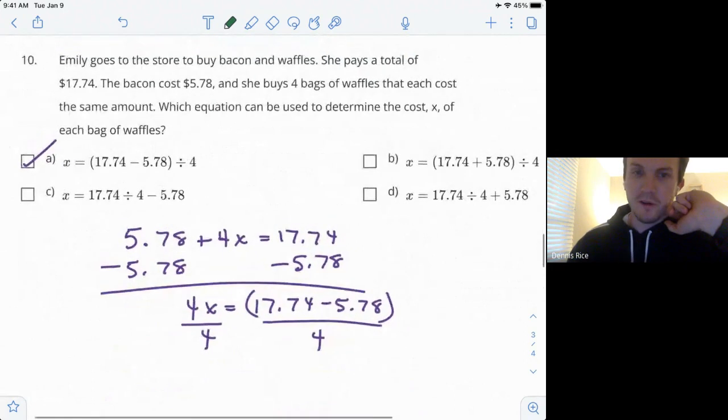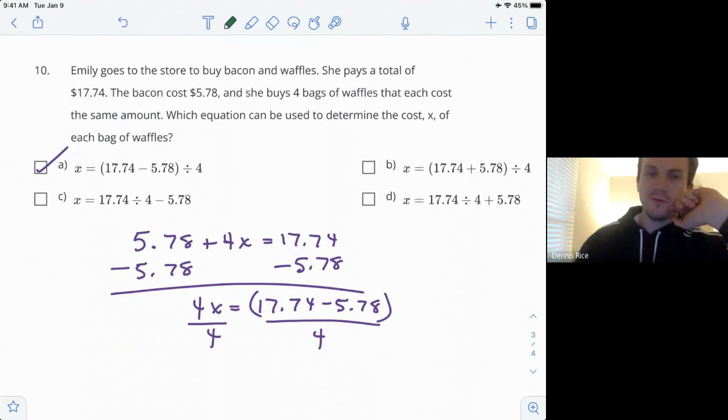What's weird about this one? It is an equation, but what's weird about the choices? There's a reason why they're written this way too. What's weird is it's not written in the normal way of writing this one.